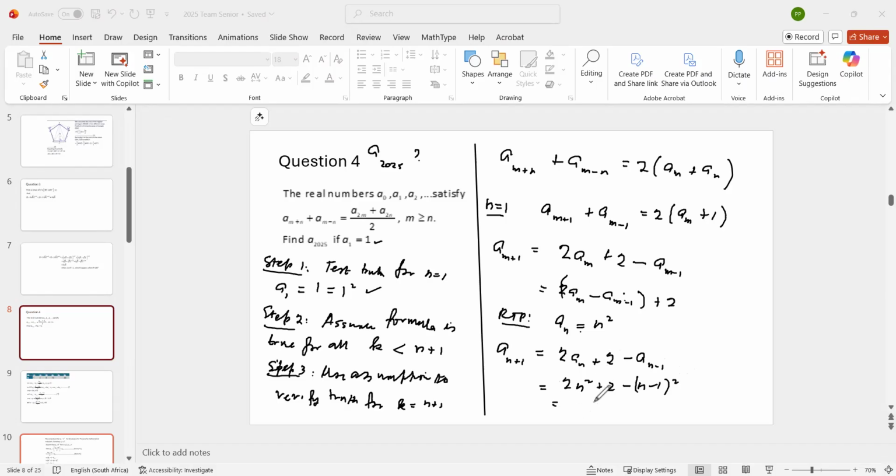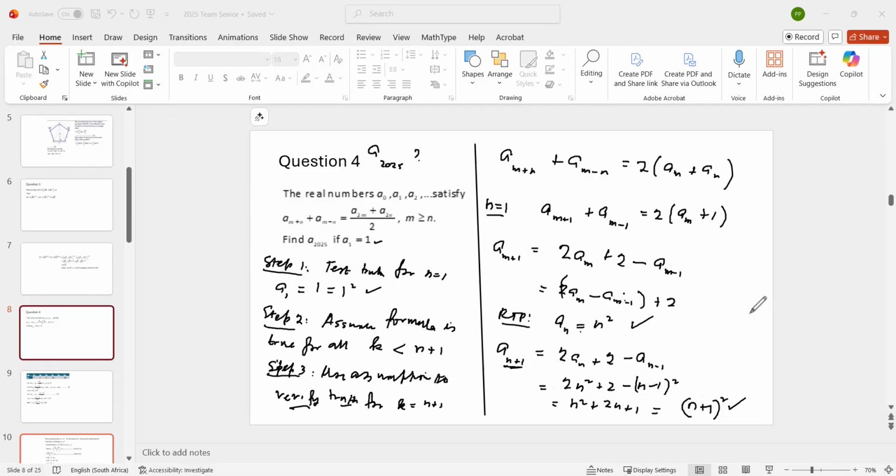And now when you simplify this, you get n squared plus 2n plus 1. It's easy to simplify. And that is precisely n plus 1 all squared. So, in other words, that formula is true for n if you replace the n by n plus 1.